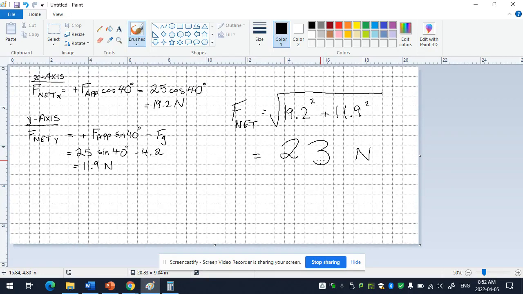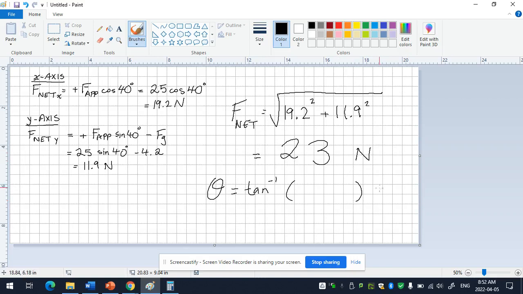All right. How about the angle? Theta equals tan inverse of. If you always want to give me the horizontal angle, you always divide the y component by the x component.